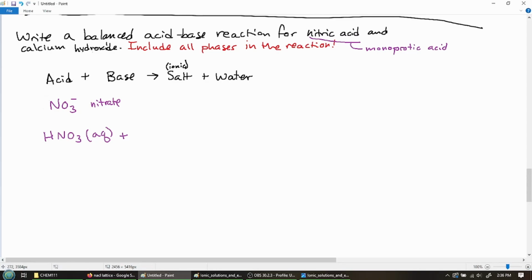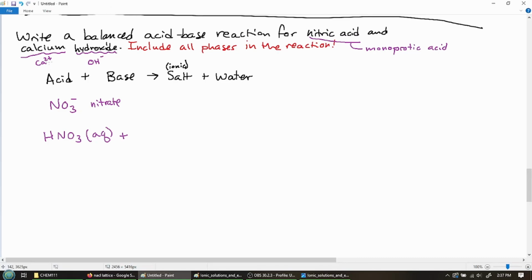So calcium hydroxide. Well, in this case, we have to first identify that hydroxide is OH minus. That's our first step here. Knowing that, we would also then take a look at calcium, and we need to know that that's going to be a 2+. We need to be able to identify both of these ions so we can figure out the ratio that they combine in.